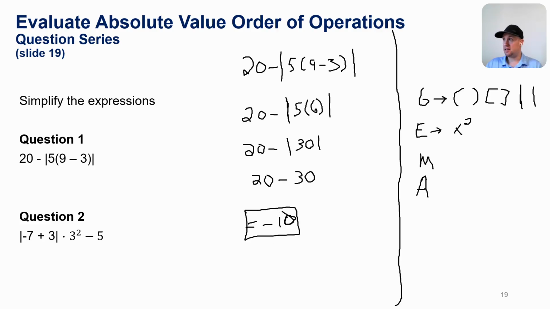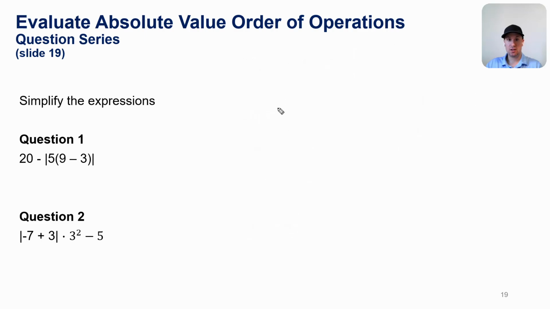Let's look at the next question. So question number 2, I have the absolute value of -7 plus 3, times 3 squared minus 5. So my first step, I need to actually solve inside the brackets here. So -7 plus 3.